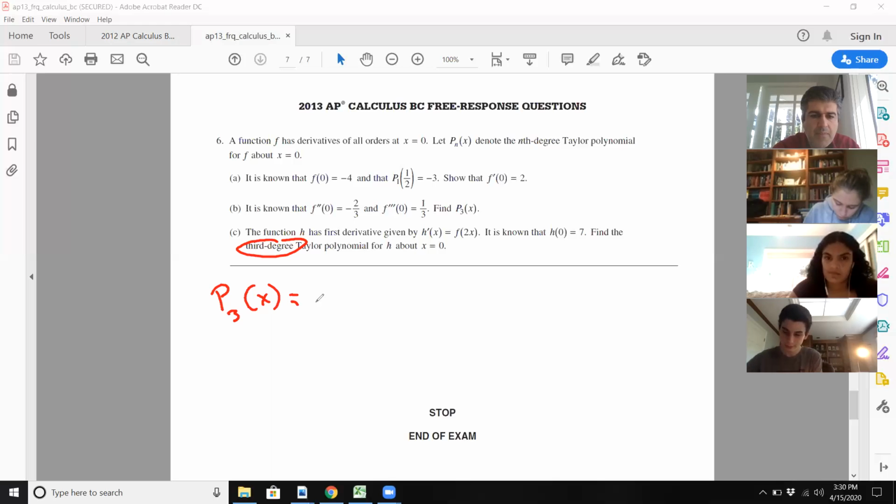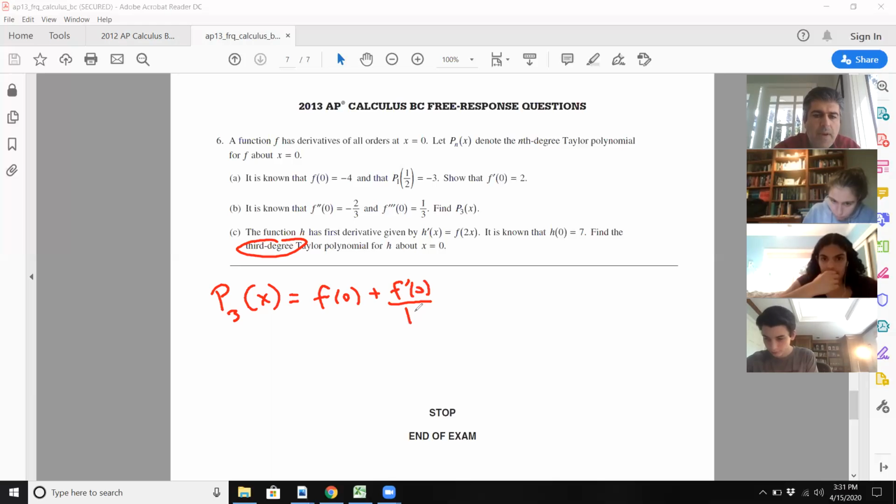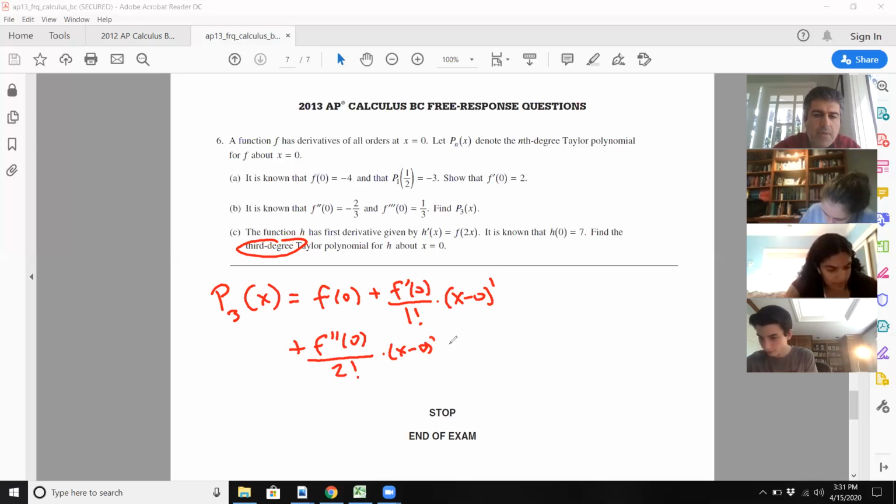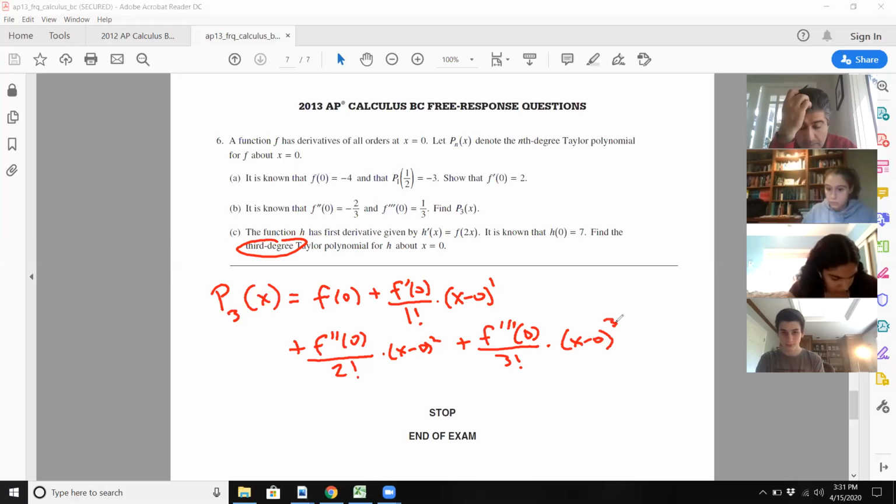So you're definitely going to need f of 0 plus f prime of 0 over 1 factorial times x minus 0 to the 1 power plus f double prime of 0 over 2 factorial times x minus 0 squared plus f triple prime of 0 over 3 factorial times x minus 0 cubed. Good thing we made x centered around 0, because otherwise this would have been really nasty.